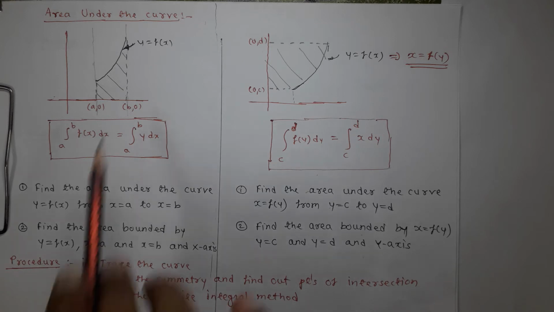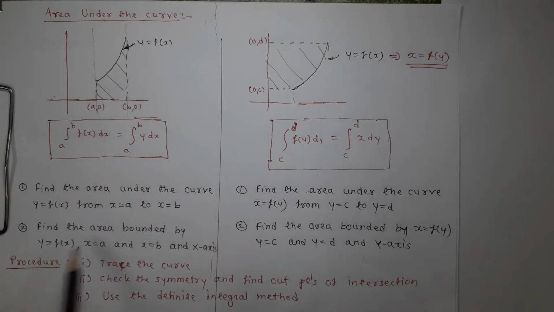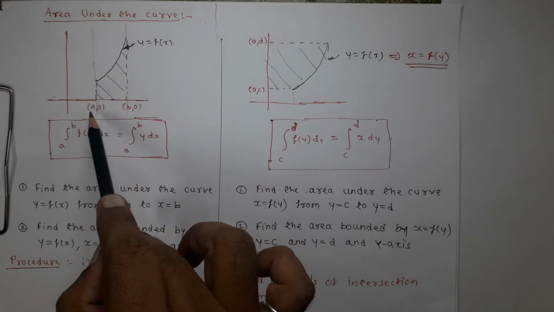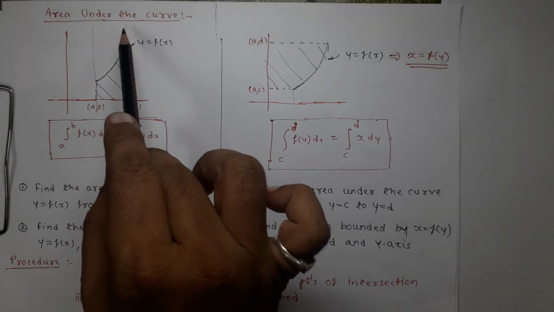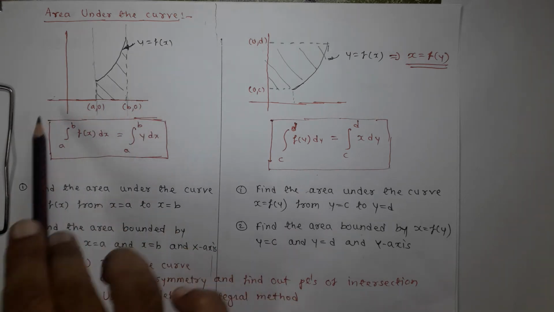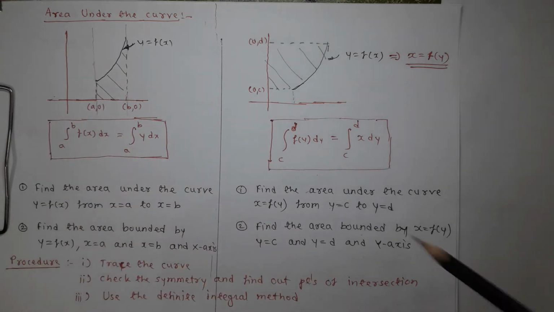So this is how the area will be asked. Find the area bounded by y is equal to f of x, the line x is equal to a, the line x is equal to b, and the x axis. So this is what this area means.